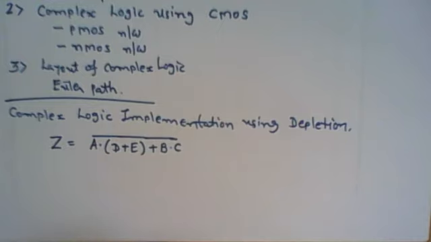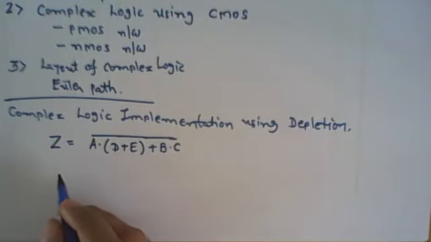So we have to find out the driver MOSFET network, the driver MOSFET topology, how the driver MOSFETs are connected. So we know the driver MOSFET is between the output and the ground, right?